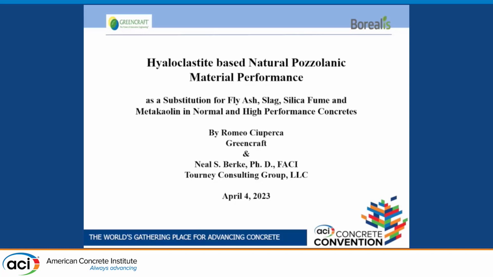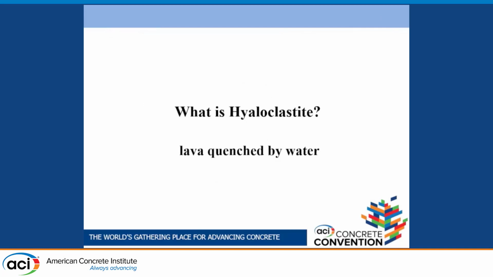Hello, everybody. I'm very much appreciating being here to talk about this new material. It's novel. Basically, first of all, what is hyaloclastite? Hyaloclastite is basically Greek for broken glass.